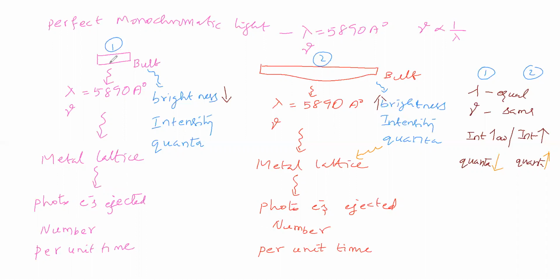From this bulb radiation comes, and this radiation is exposed to the metal lattice. In the metal lattice, metal atoms are present and they absorb the quanta.